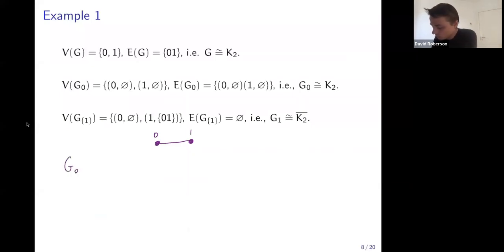Well, I need a vertex whose first coordinate is 0, and then the second coordinate is going to be some even subset of edges incident to 0. There's only one edge; let's call this edge E. There's only one edge incident to 0, so the only even subset is the empty set.